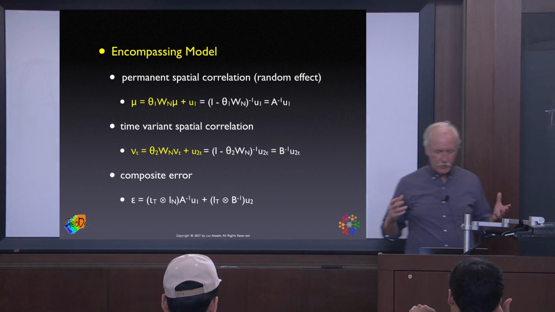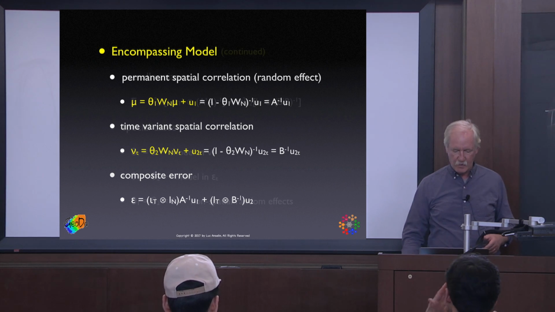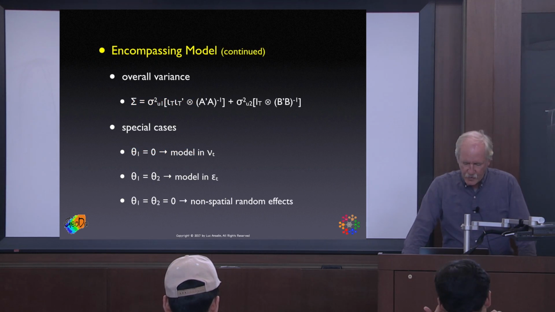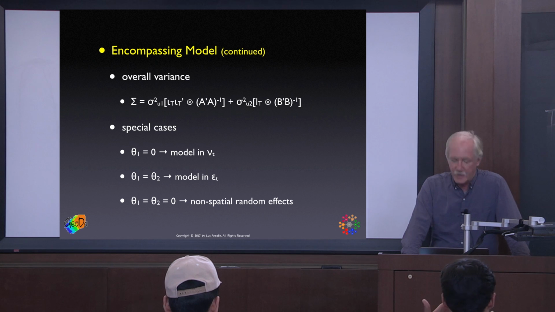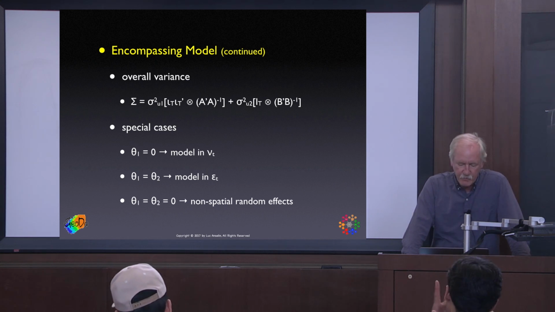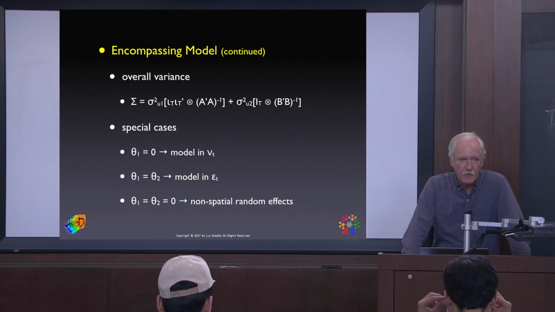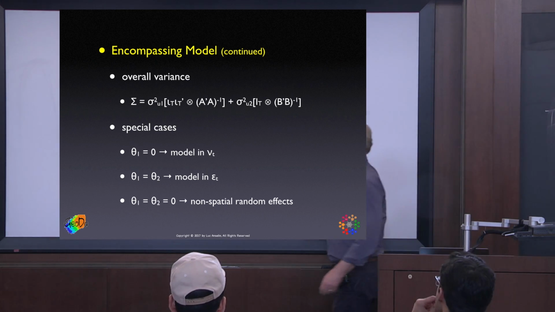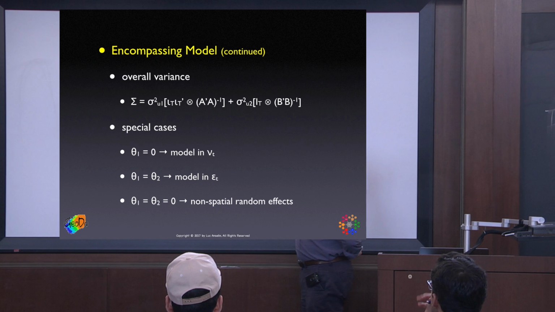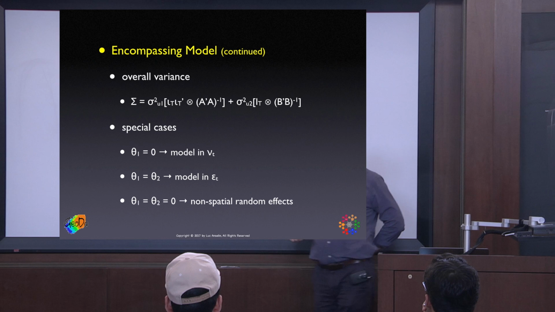So then you can test and you can say, well, is theta 1 0? Is theta 2 0? Are both of them 0? Then you can test these constraints on the variance. But you see this variance expression, again, is going to be a bit of a bear because the parameters are inside these inverse terms.